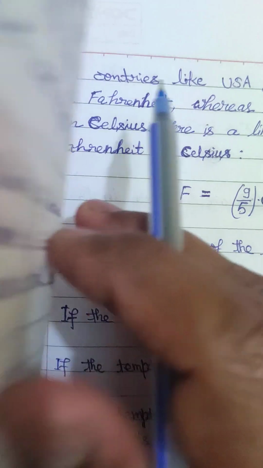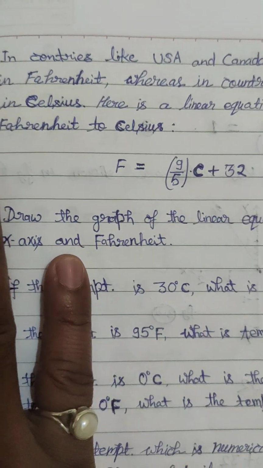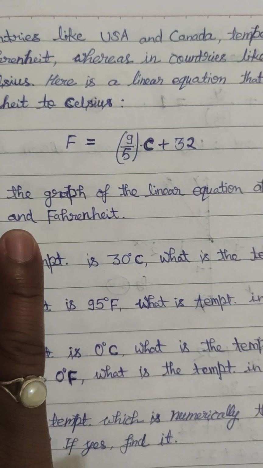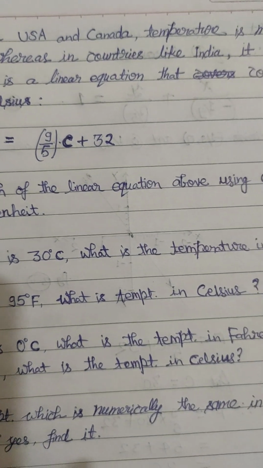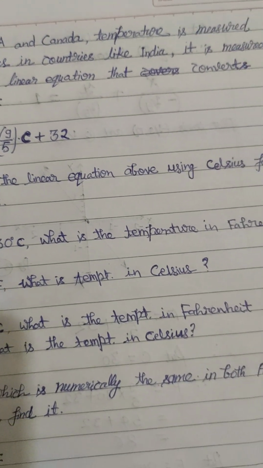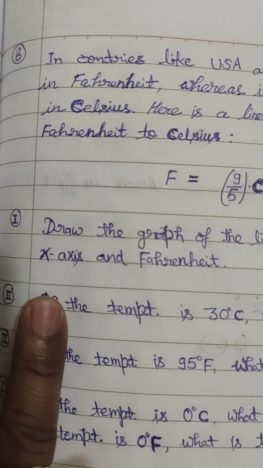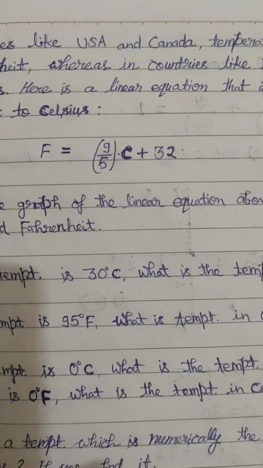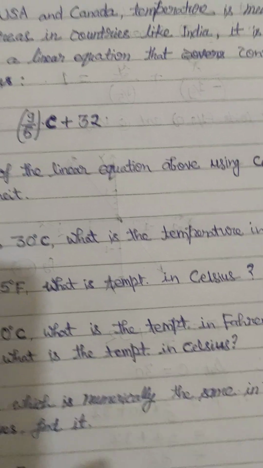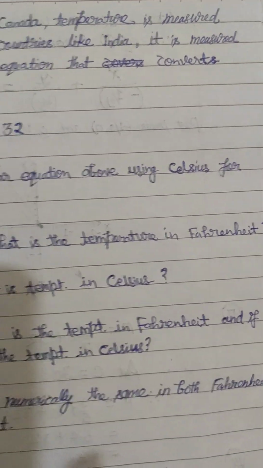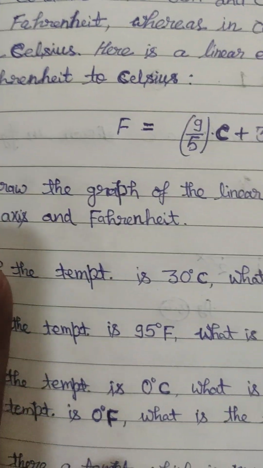Now question number 8. In countries like USA and Canada, temperature is measured in Fahrenheit, whereas in countries like India, it is measured in Celsius.